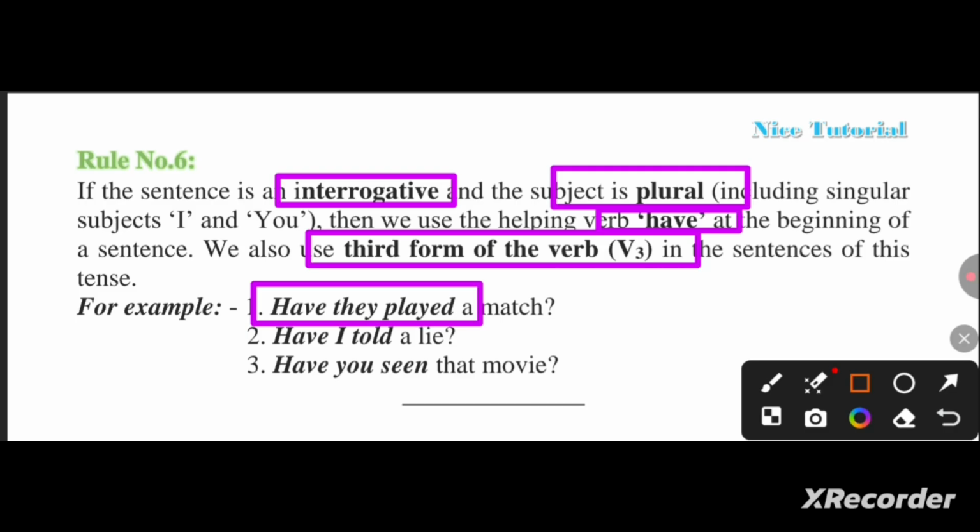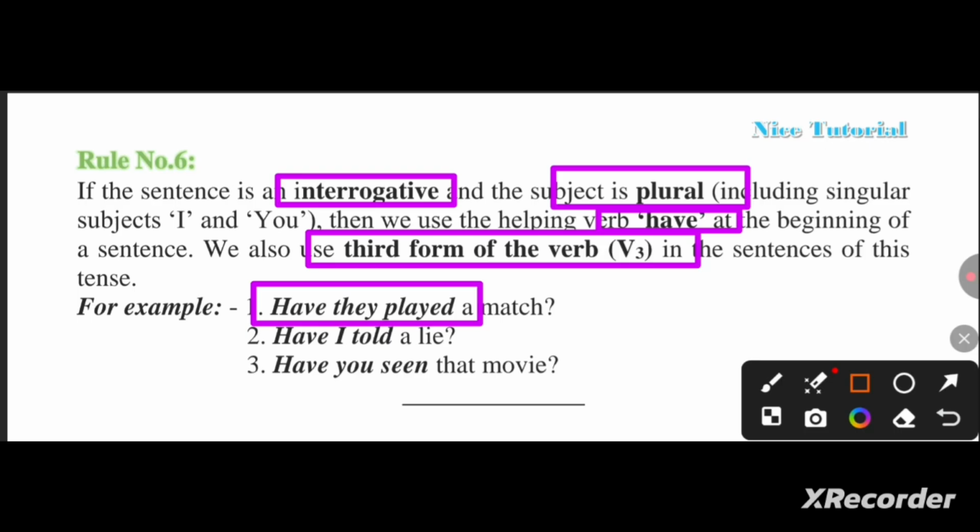Similarly, if the subject is singular, then we have to use the same rules which are used for the plural subjects over here. Helping verb have has been used with singular subject I, and third form told has been used over here.